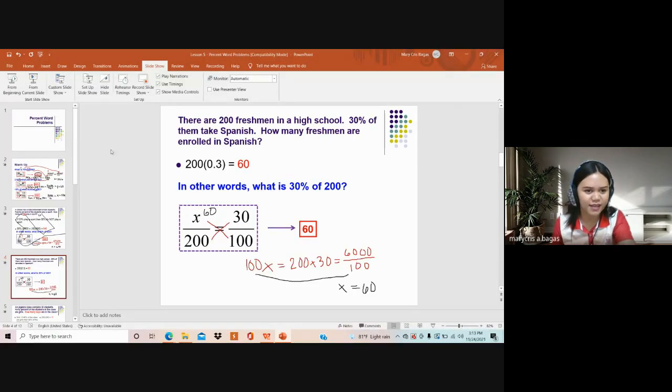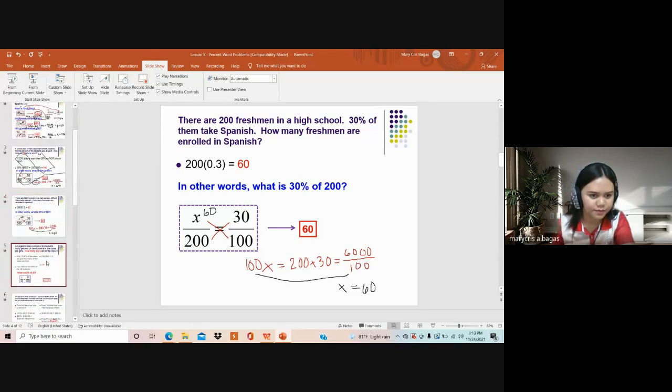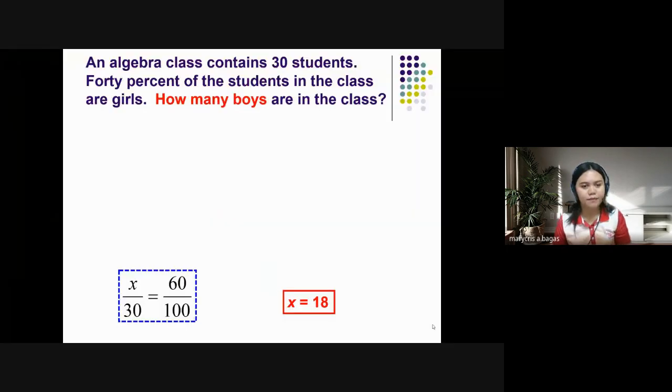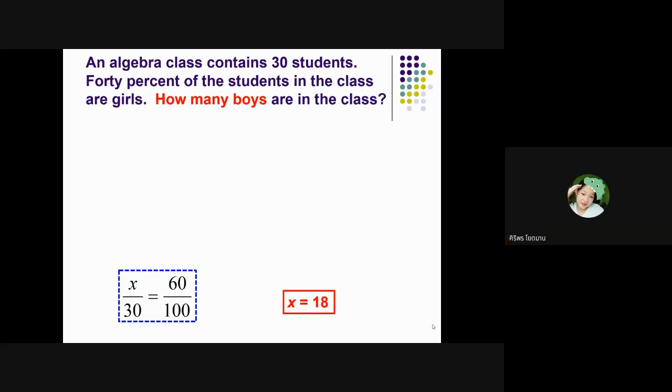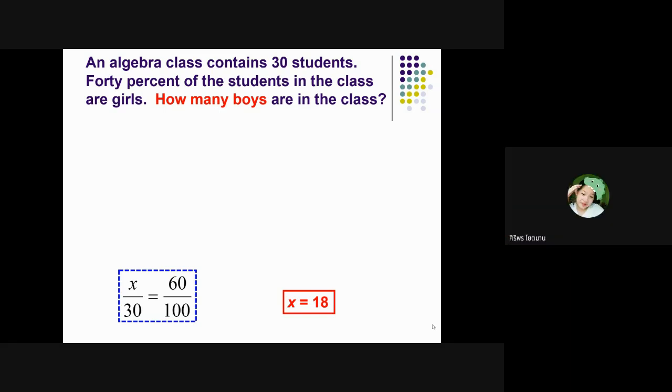Okay, let's try another one. Let us read. An algebra class contains 30 students. 40% of the students in the class are girls.